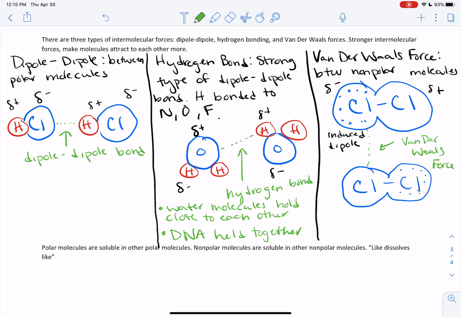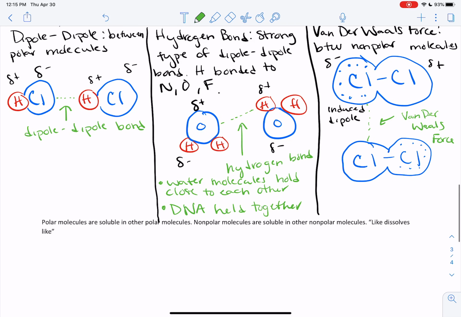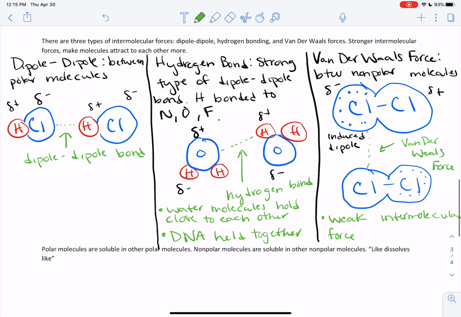So you can see that this would require a lot of chance that all of the electrons happen to be on one side for one atom and on the other for the other. So this is why this is a very weak intermolecular force. Okay, so these are our three types of intermolecular forces: dipole-dipole, hydrogen bond, and van der Waals forces.